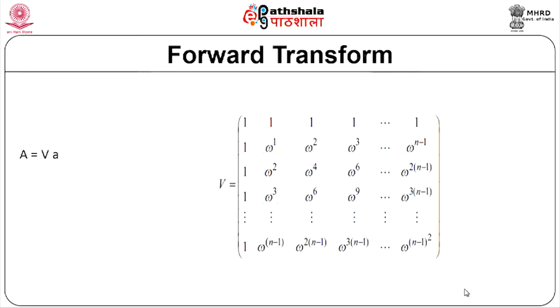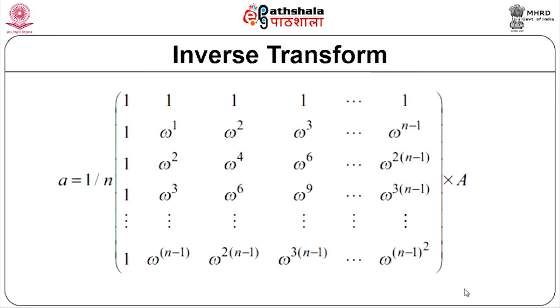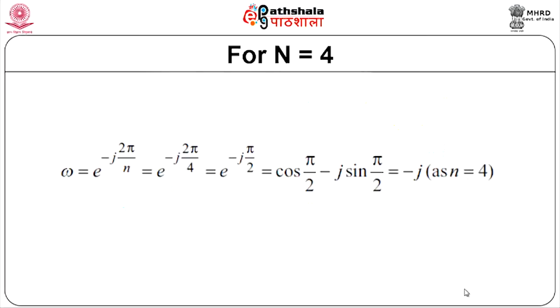On the right hand side, what you are given is nothing but the kernel matrix. It consists of various omega, which is nothing but e power minus j 2 pi divided by n. Now, this is going to be the inverse transform. The advantage of this matrix form is that instead of applying the normal way, we can apply the matrices to get faster results.